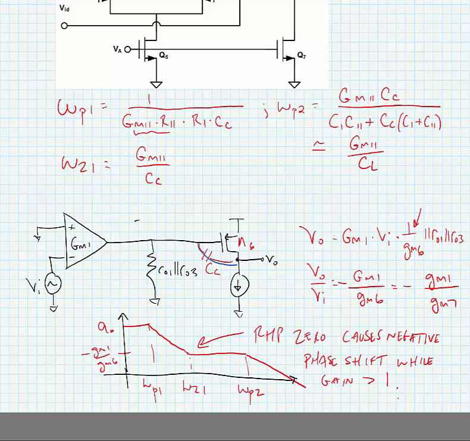And so we have potential for instability. So in the next slides, we're going to deal with that zero using a couple of different compensation techniques for the zero. And we'll learn about those next.